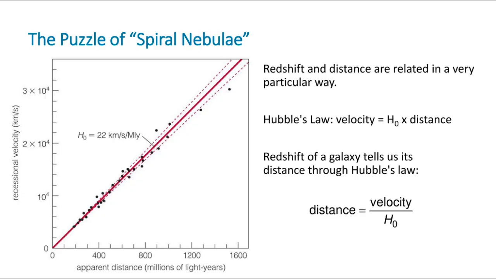So basically, using this graph, if I measure this velocity, I find where it intersects this line, and I can read off how far away that object must be. So this Hubble Law is another way that we can measure the distances to very far away things, just by measuring their velocity moving away from us.